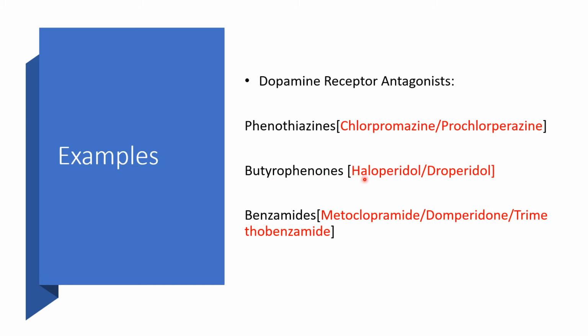Also Butyrophenones, the same class, first generation antipsychotics, Haloperidol or Droperidol. Benzamides like Metoclopramide, Domperidone, and Benzamide. I have a full presentation on Metoclopramide published here, another one on Haloperidol already published here.